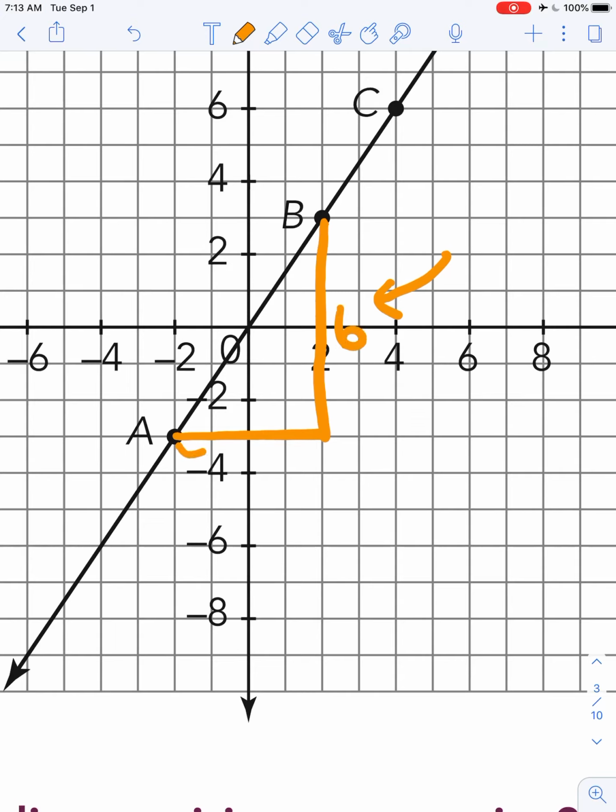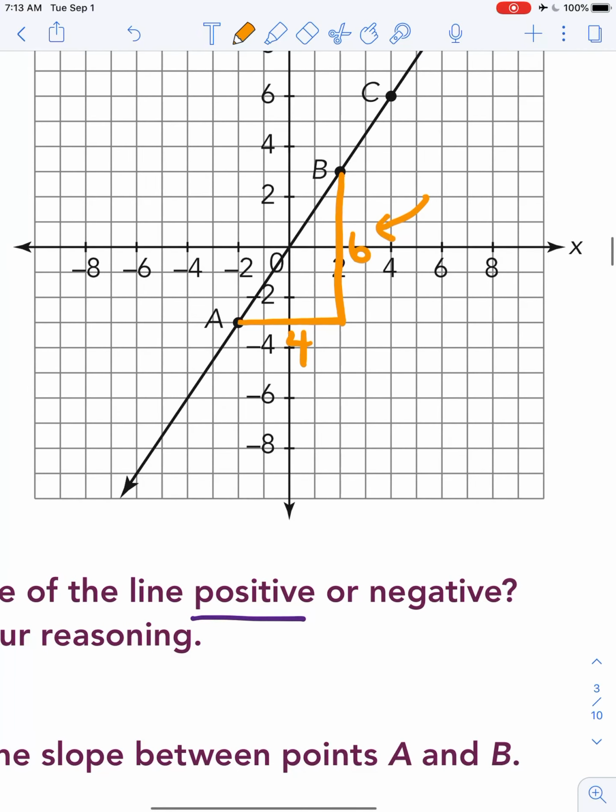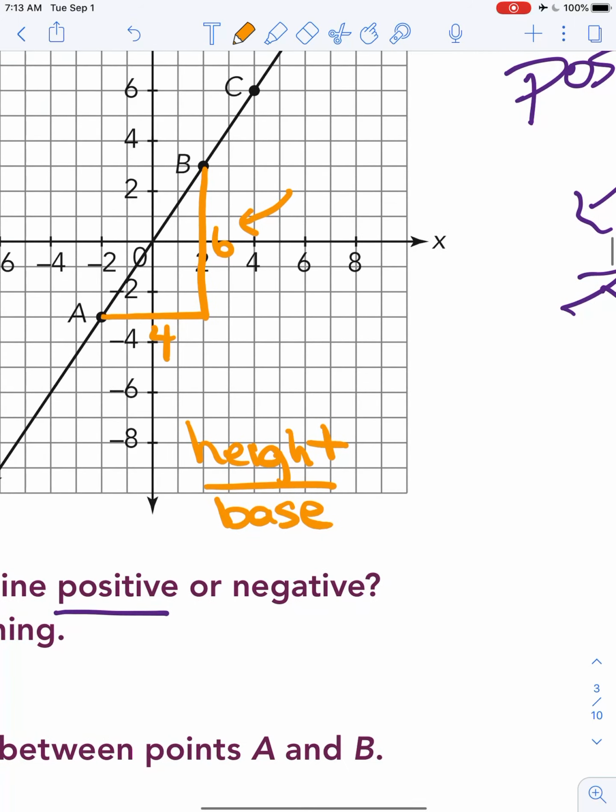Over here, I'm going over 1, 2, 3, 4, so I don't need to write that there. So 4. So in order to find that slope, remember when we're talking about slope, we're talking about height over the base. And again, remember, it's the change in y over the change in x.